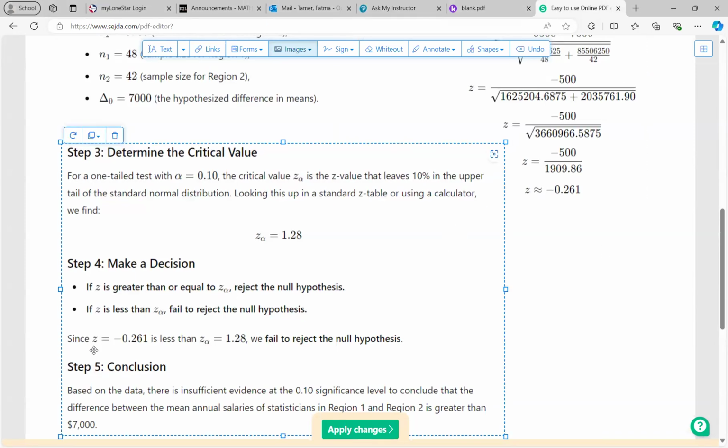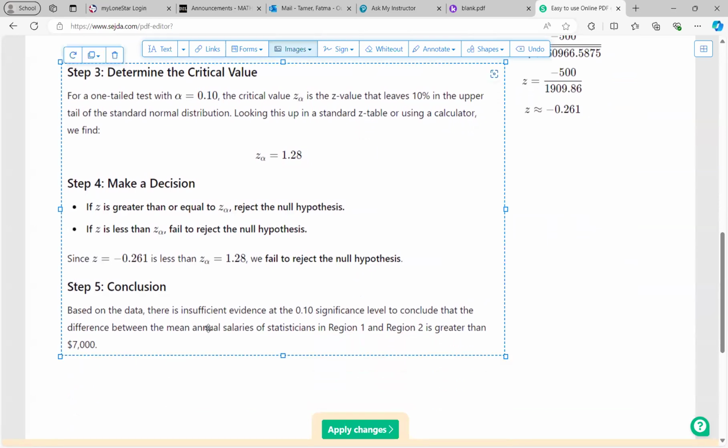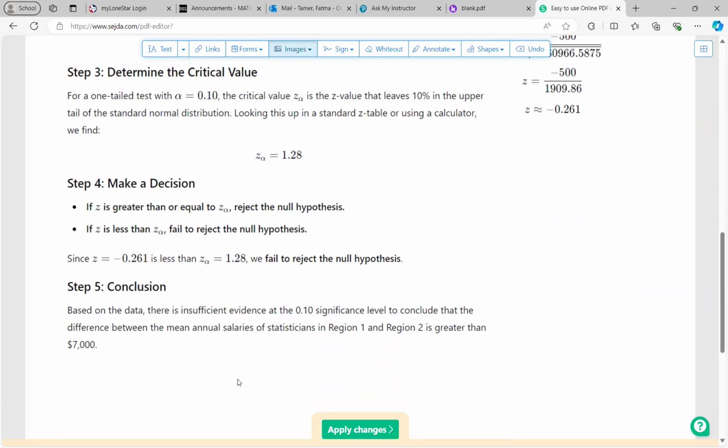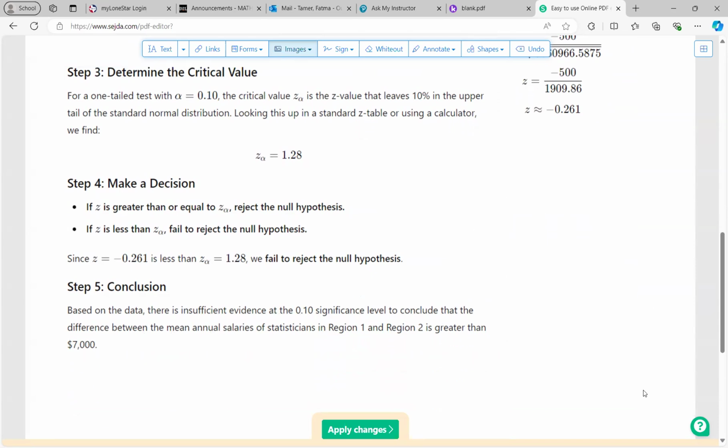The z value we obtained from the equation is negative 0.261, which is less than our z alpha. So we fail to reject the null hypothesis. The conclusion is: based on this data, there is insufficient evidence at the 0.10 significance level to conclude that the difference between the annual salaries in these two regions is greater than 7,000. This is how we're going to handle this question.